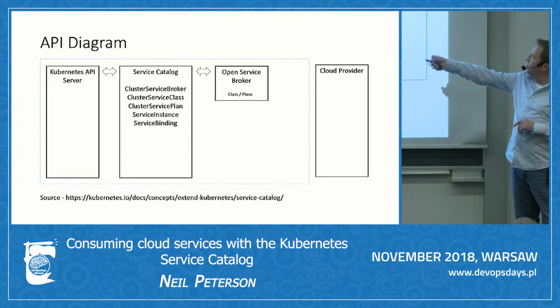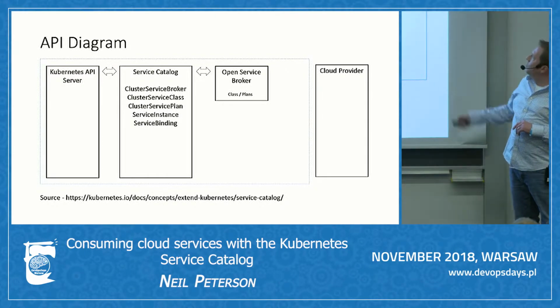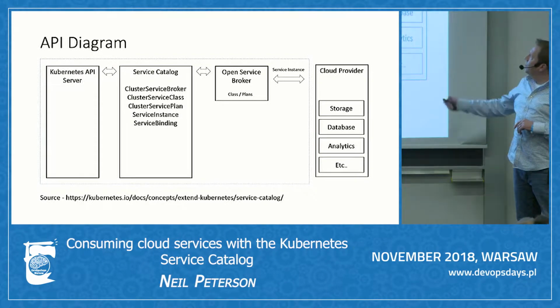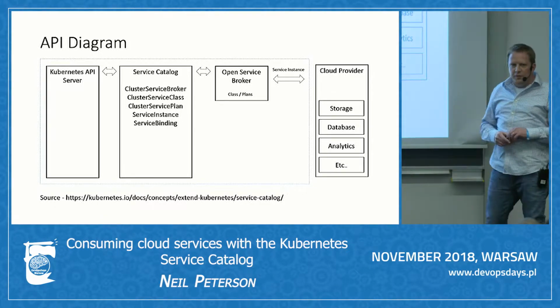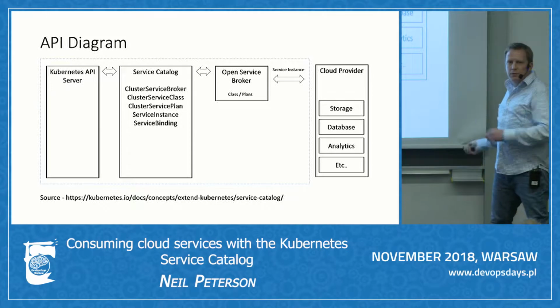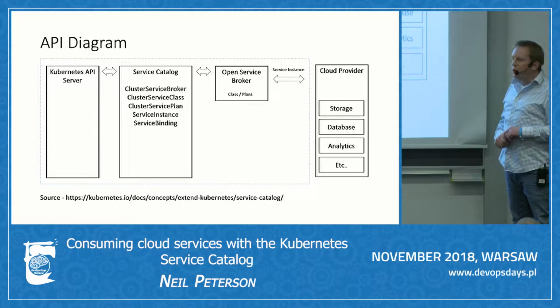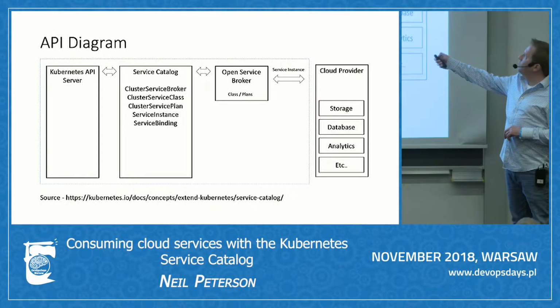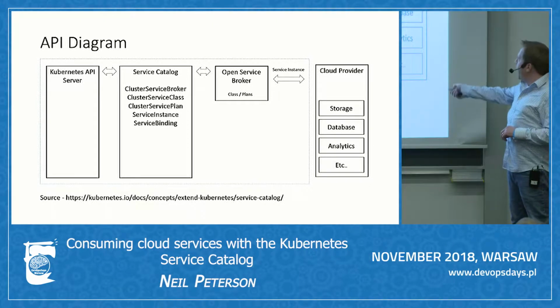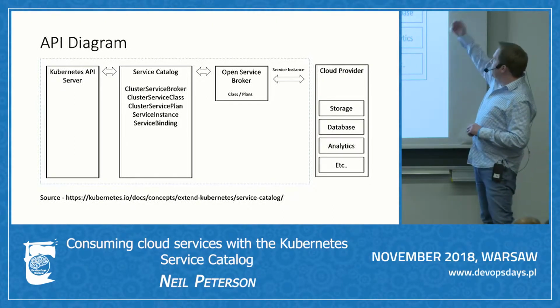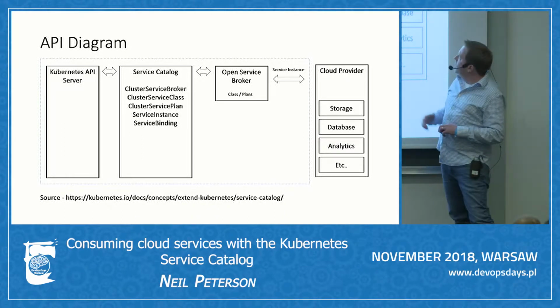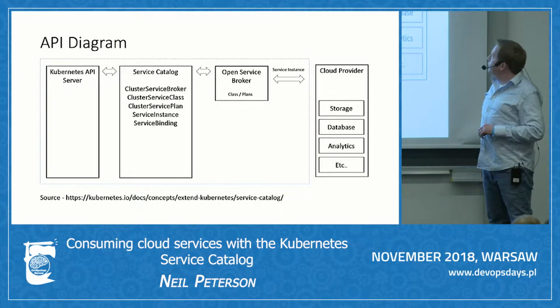Once we install the Service Catalog, we've got these 5 new types. Once we install Open Service Broker, we've got a list of services that we can create in the cloud provider. We then create a service instance, which then actually deploys inside of our cloud provider whatever it is we want to deploy: database, storage, analytics, or cognitive services.